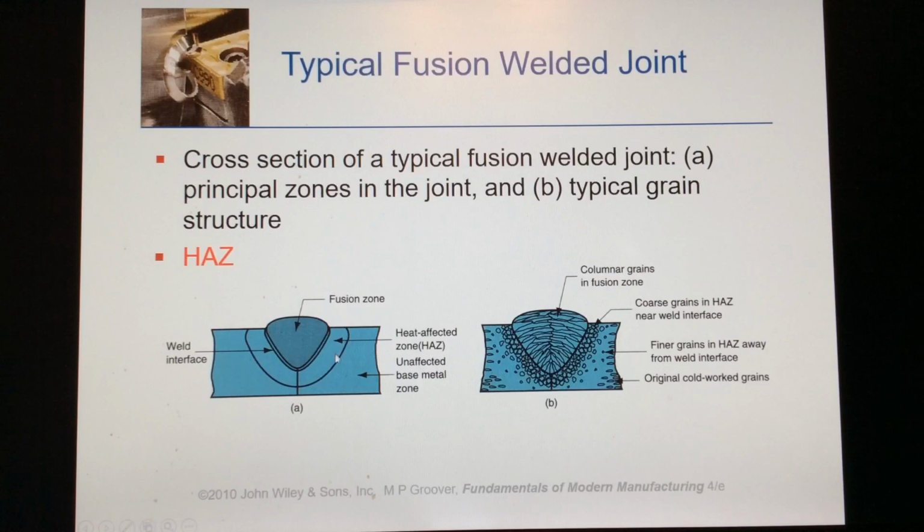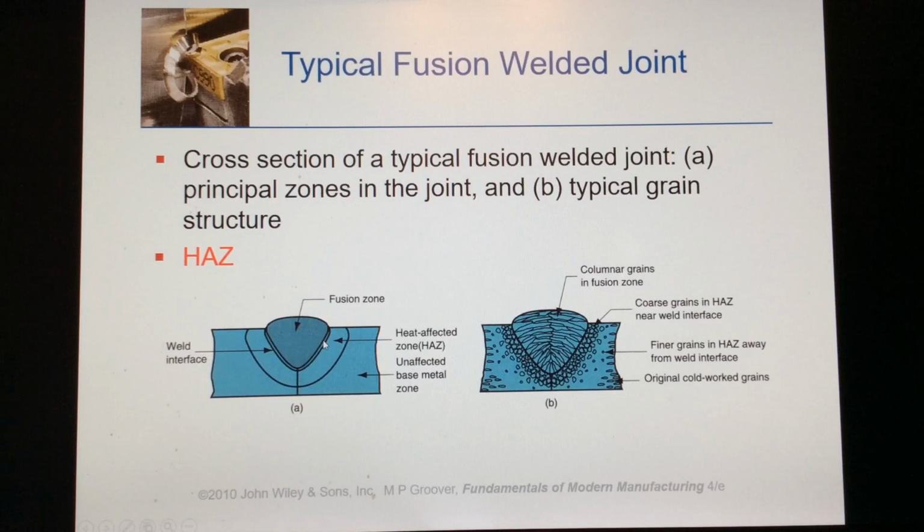Now, that's the area where there are really a lot of issues with respect to defects, right around this heat affected zone, because as you can well imagine, the metallurgical properties have changed from a room temperature metal alloy to very quickly up to a melting temperature, and then rapidly cooled.